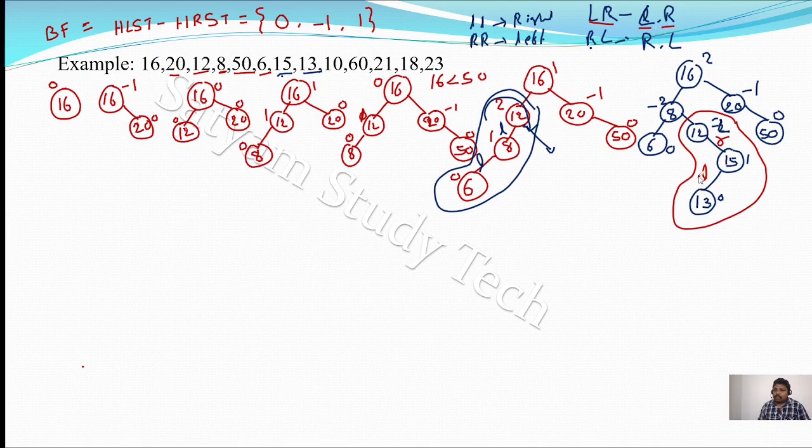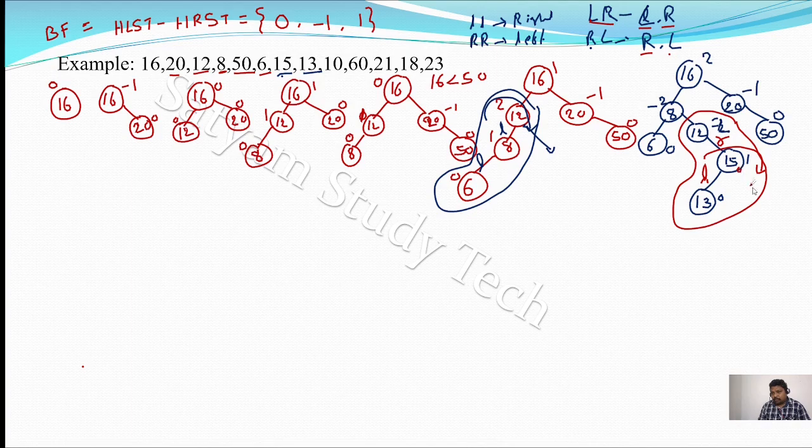For example, RL is right and left. So just remember that whenever L is there, here left is there, we have to perform the opposite, that is right. So you have to perform the right rotation in this direction.